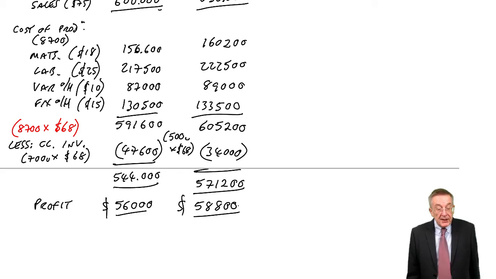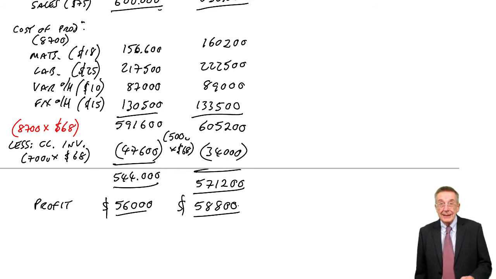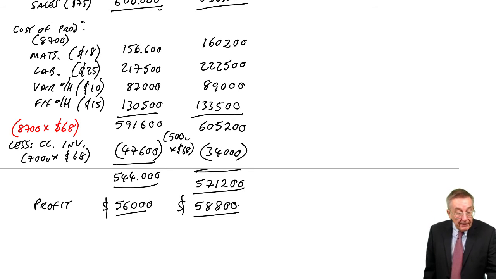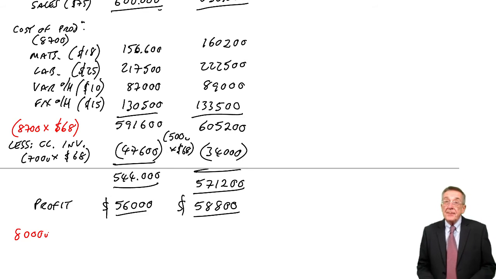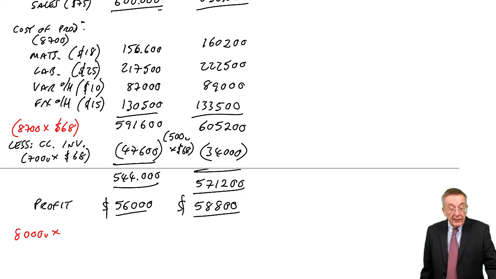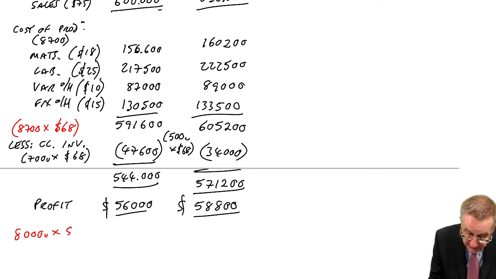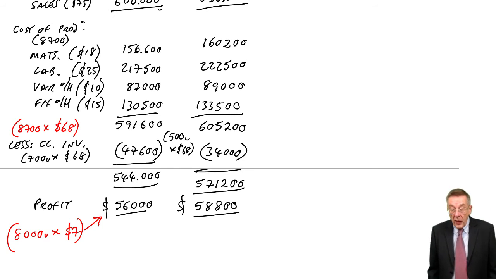From the original budgets, management are expecting a profit of $7 a unit. They expected the selling price to be 75, the cost to be 68, and so I did write down earlier, the budgeted profit was the 8,000 units they expected to sell. Per unit, 75 minus 68 is $7. And so they were expecting to make 56,000.